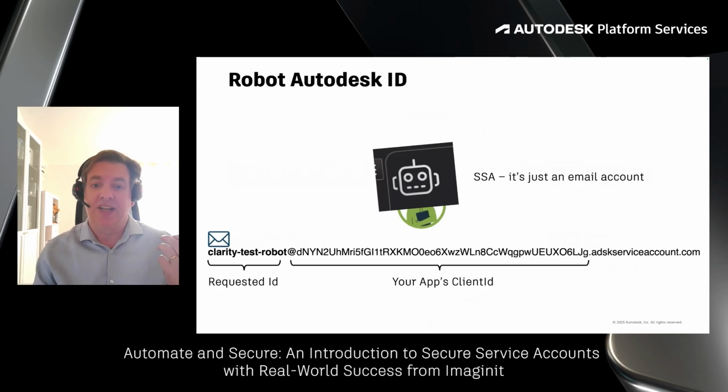You request a user ID. And you can set up a first name and a last name for this Autodesk account. And the second half of the email basically has your app's client ID in it. So it's not just a mess of characters. It is a long email, but it's not just a mess.